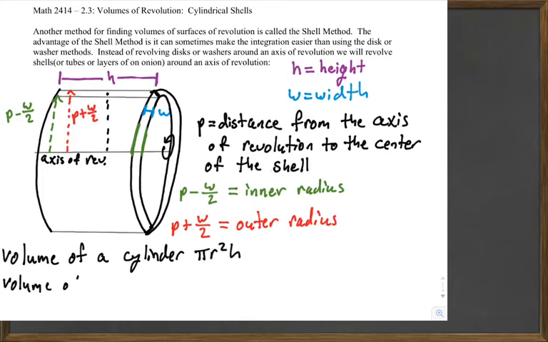So the volume of the shell is going to be equal to the volume of the outer cylinder minus the volume of the inner cylinder.